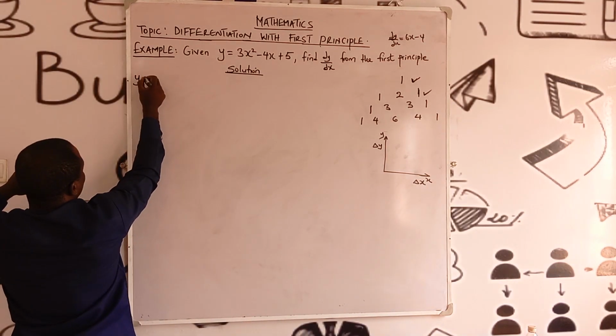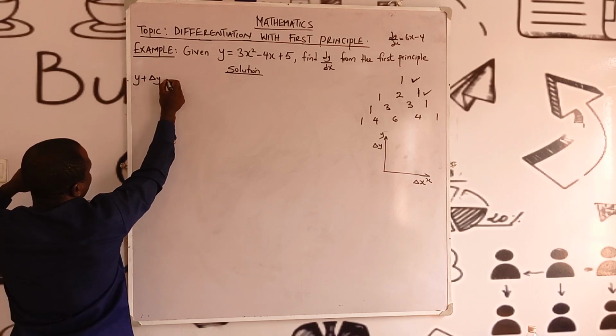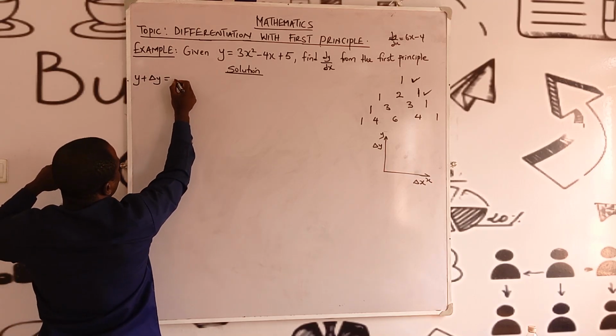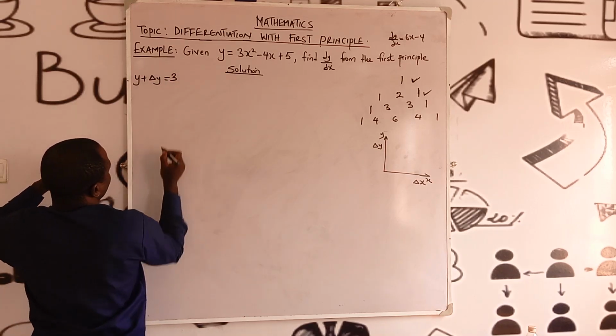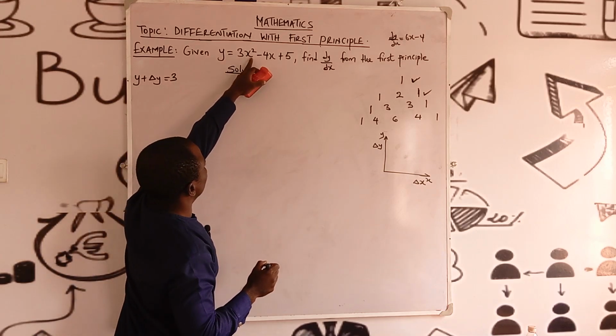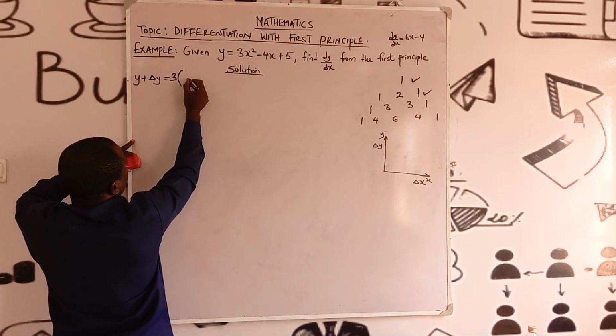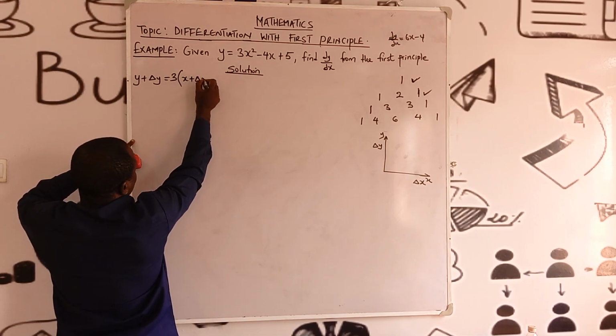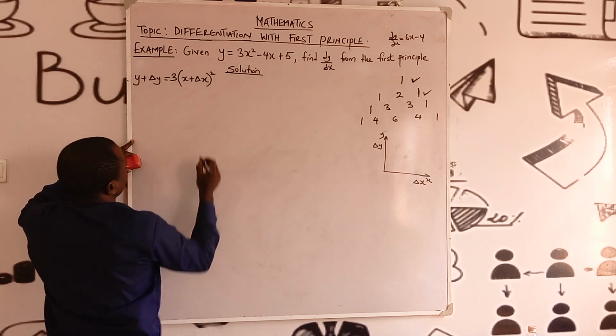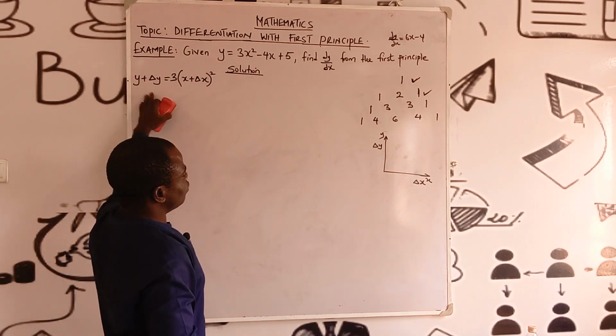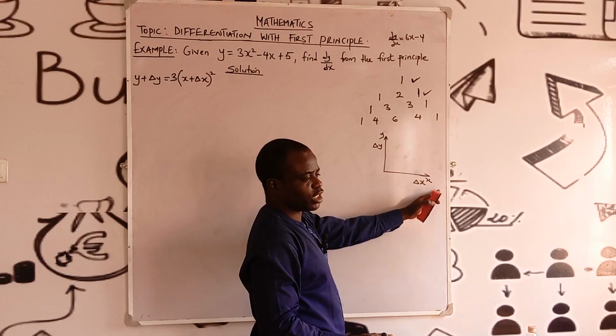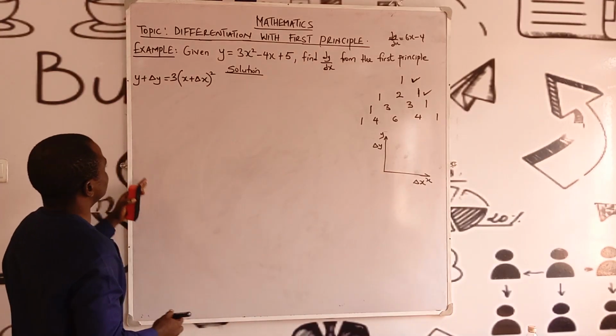Y plus change in y equals 3, 3 is common to all. Open the bracket, x plus change in x, squared. As you have change in y, you must have a corresponding change in x.